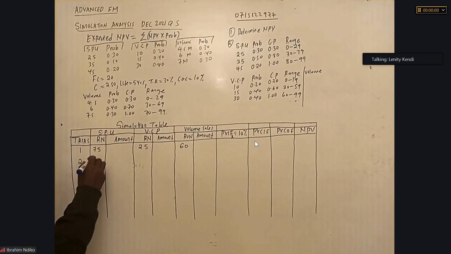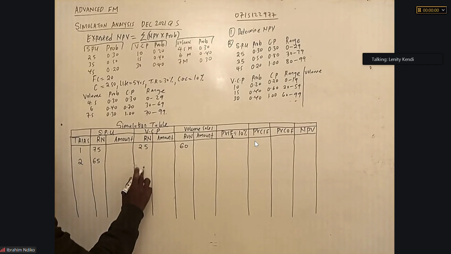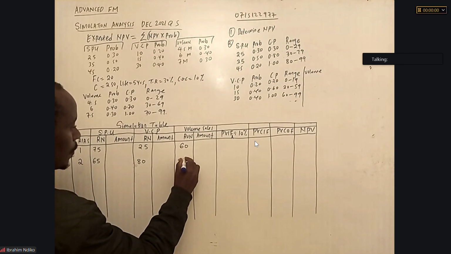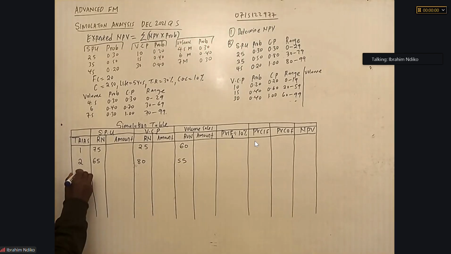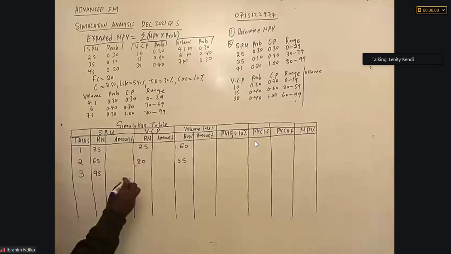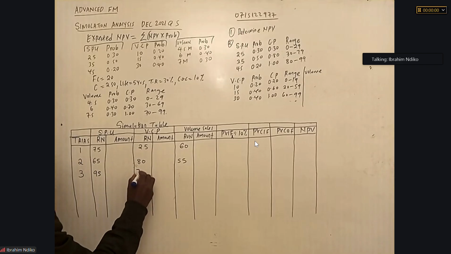The next: 65, 80, 55. Haya. Next kwa hiyo 95, 75, 30.